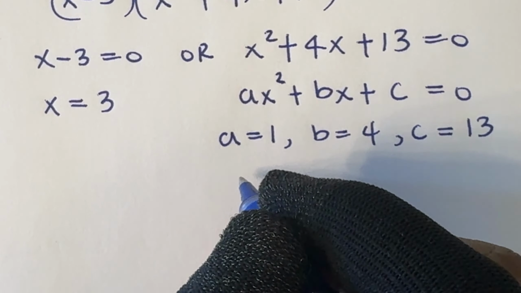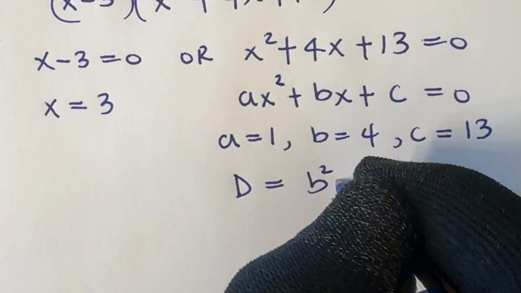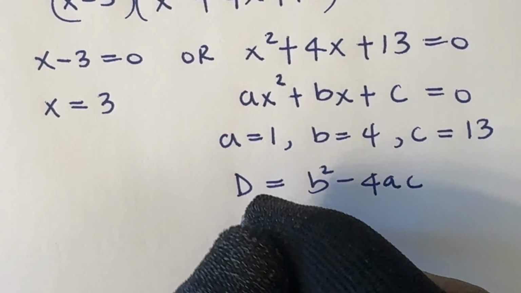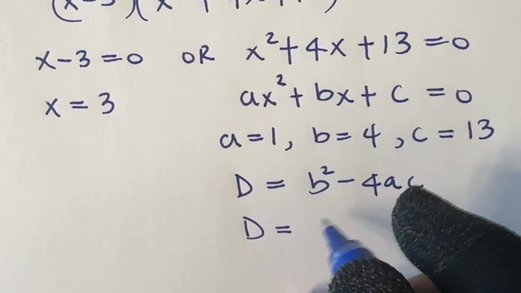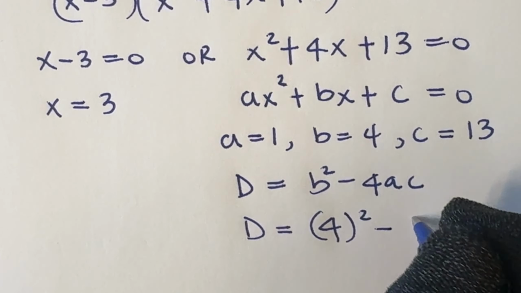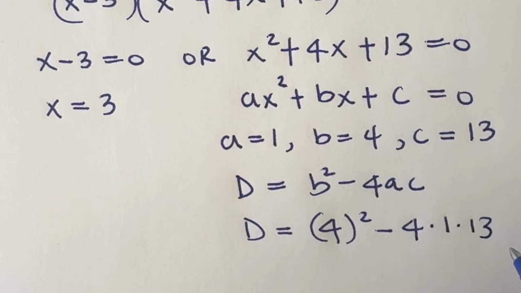So the discriminant is given by the formula b squared minus 4ac. Therefore, d is equal to b squared. B is 4, so we have 4 squared, then minus 4, a is 1, then c is 13.